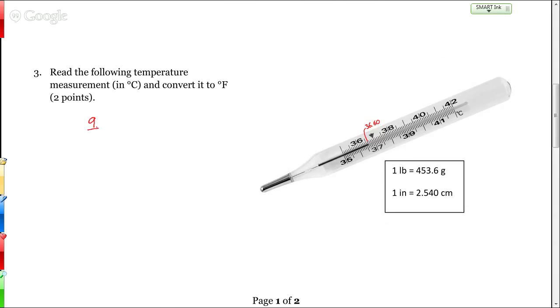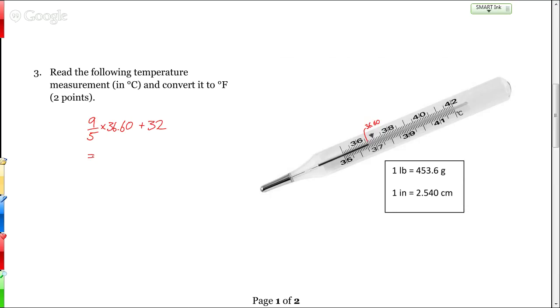Yeah, we're going to multiply by 9/5 or 1.8, and then we're going to add 32. That comes out to about 98, but might as well do it properly here.